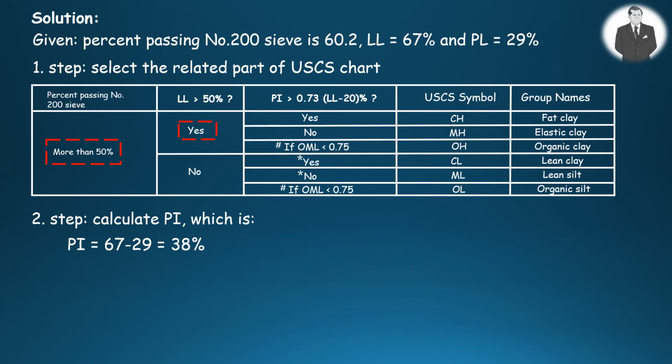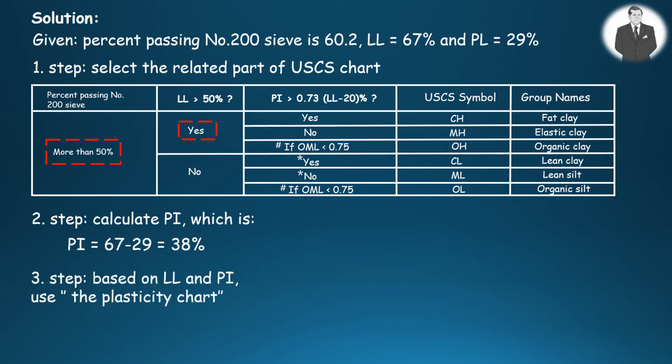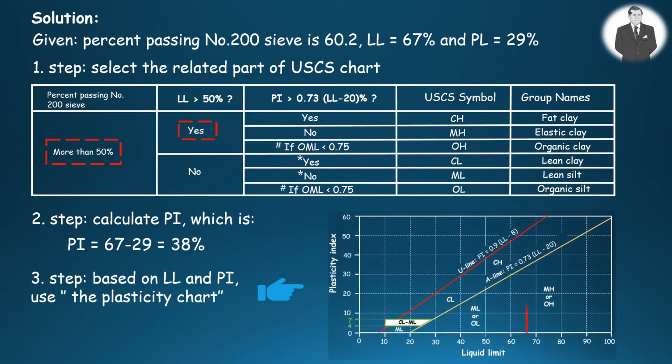Now, we need the plasticity chart to determine whether the PI value is above the A line or below that. On the plasticity chart, we mark plasticity index and liquid limit. The intersection point shows that the PI value is above the A line.